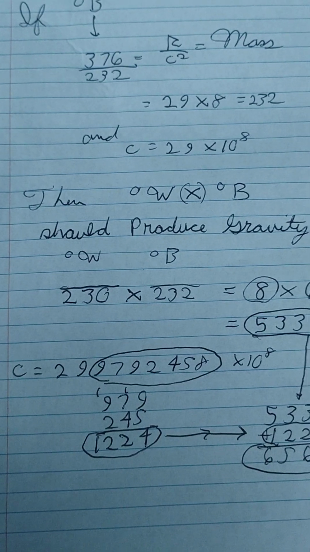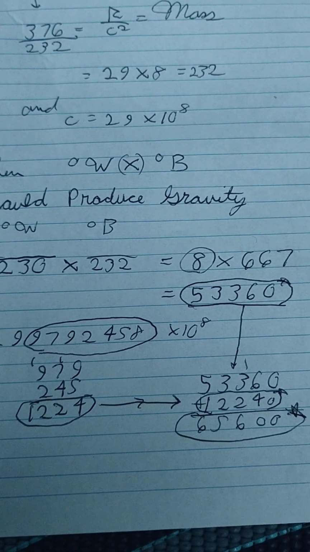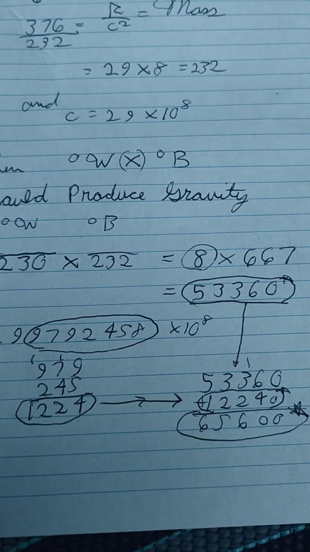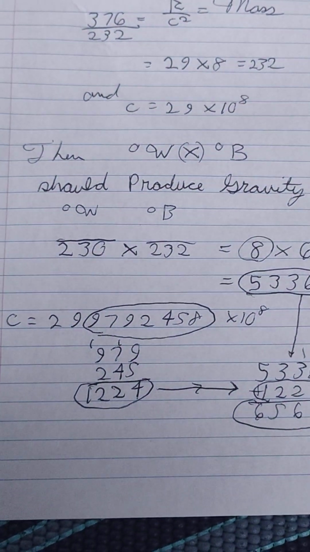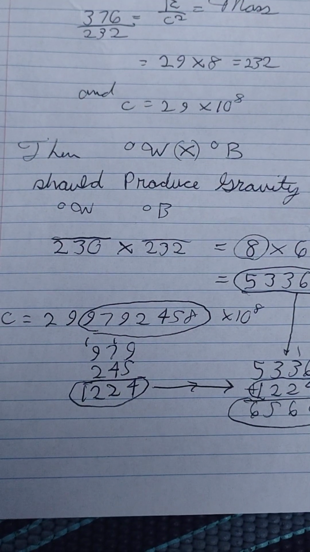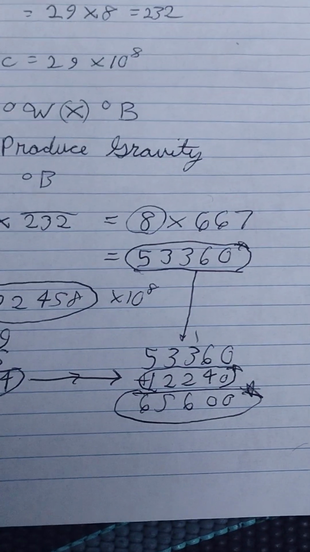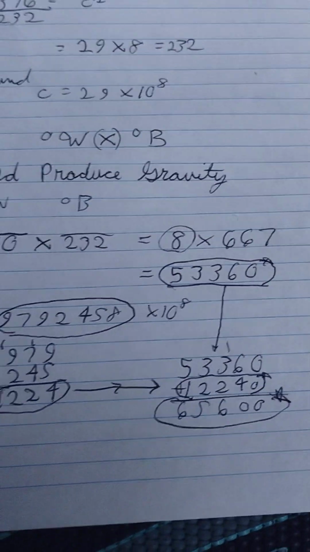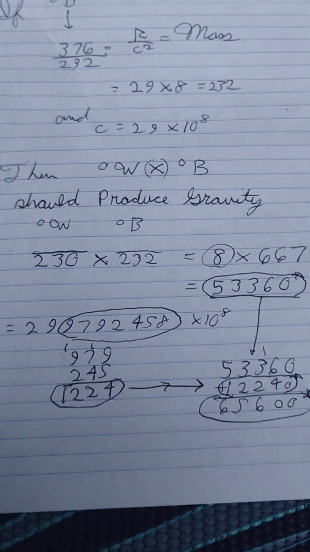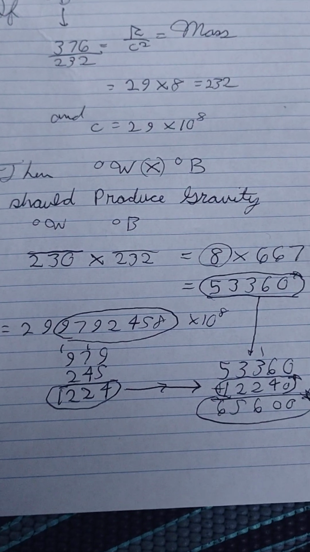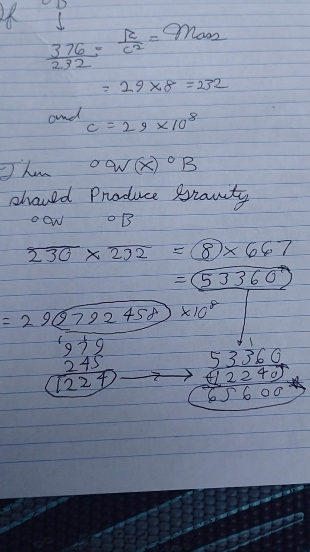The neutral W and neutral B, if you multiply those, that's 8 times 67 is 536. And if you take the speed of light and you use the math I showed you from the very first video all the way through to now, you get the 656. And really what that is, that plays into dark energy, because leptons increase dark energy and the quarks decrease it.